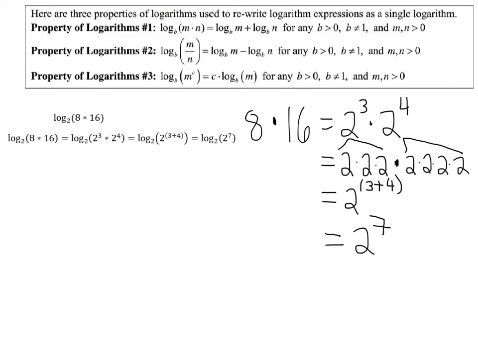But we have enough experience with logarithms now to see that this expression, log base 2 of 2 to the 7th power, equals 7, because the power I must raise 2 to in order to obtain 2 raised to the 7th power is 7. So, looking at the structure of this problem, we see that the problem kind of amounts to adding 3 plus 4.